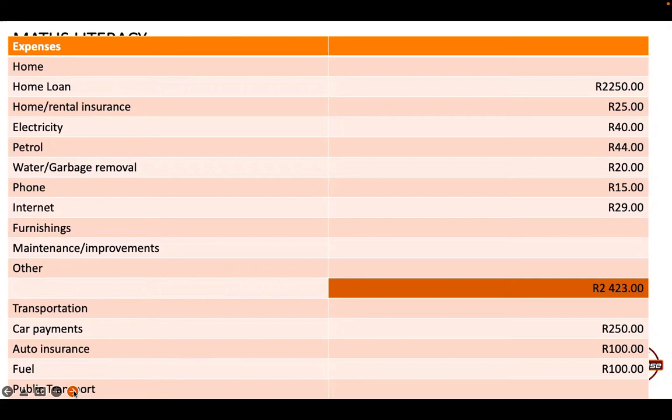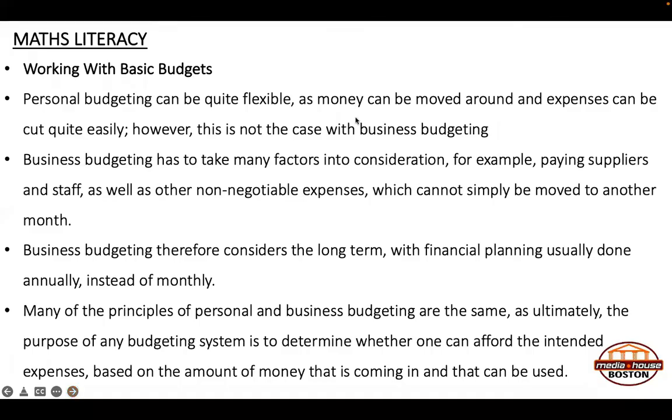Great. So business budgeting has to take many factors into consideration, for example, paying suppliers and staff, as well as other non-negotiable expenses. That's what we're talking about, non-negotiable, where you have to pay. You can't just defer the payment. You have to make payment.